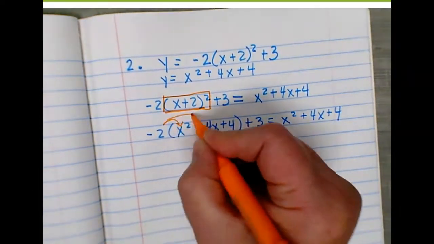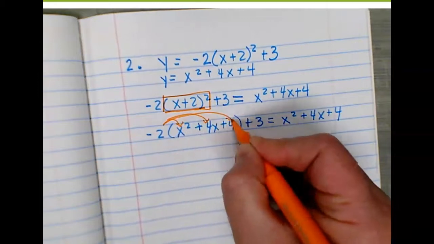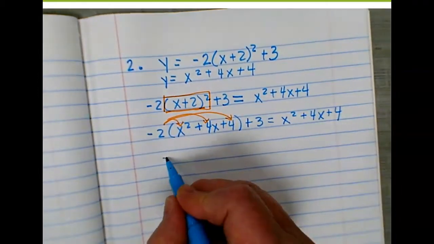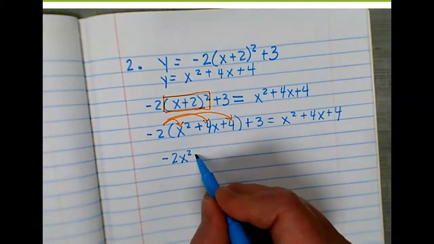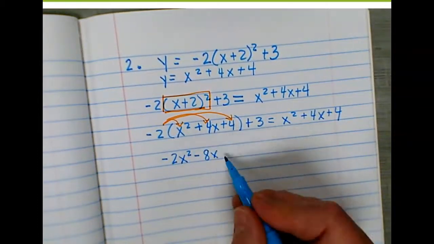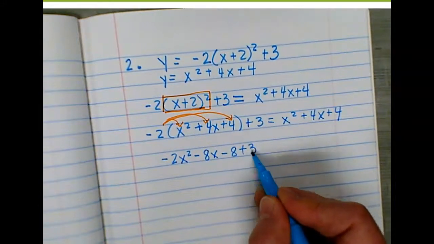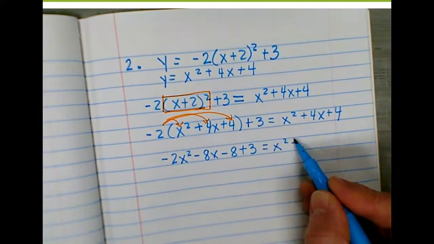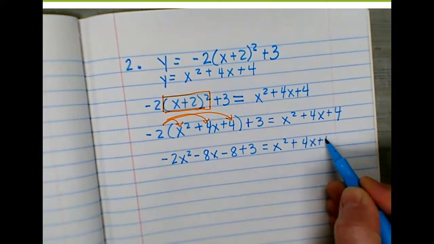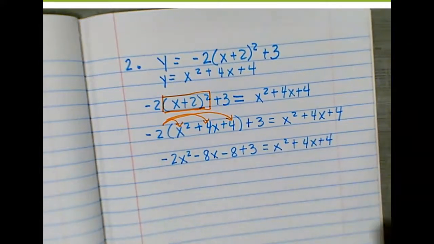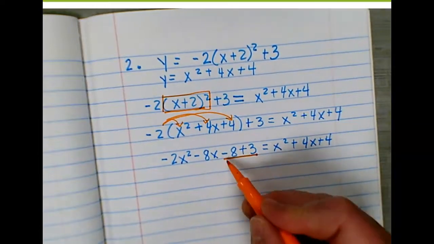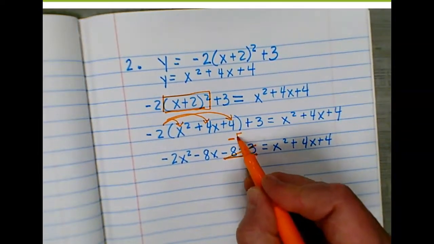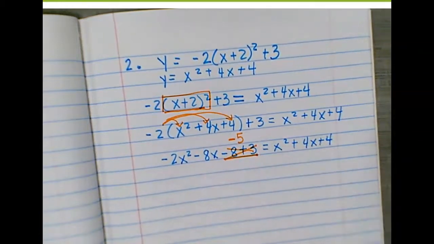Then this has to distribute. Two times 4 plus 3. And if you combine these like terms, that's going to make a negative 5. I'm going to kind of take a shortcut here to save a step there.